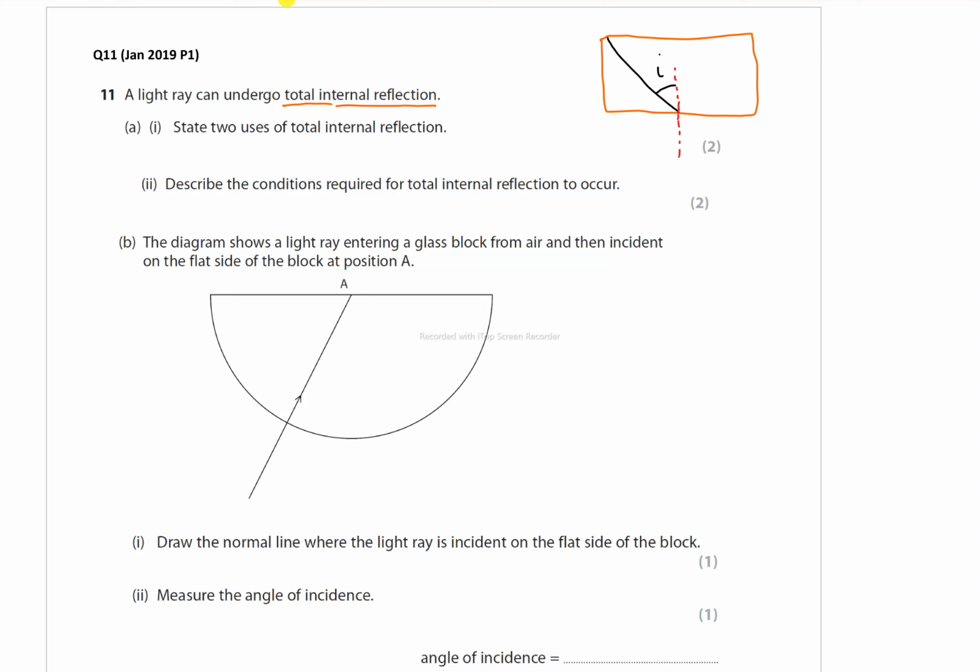So let's go through that again then. Right, and the ray comes out. Let's do it this way. So it comes in and it goes out. That is the refracted ray. This is the angle of refraction. This is the angle.